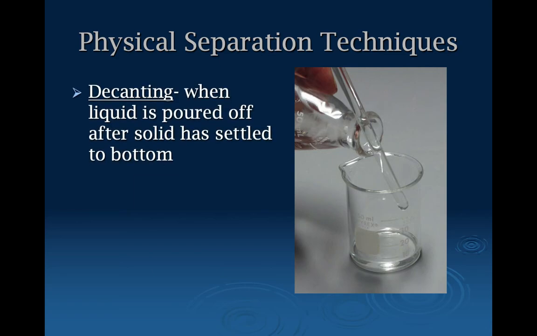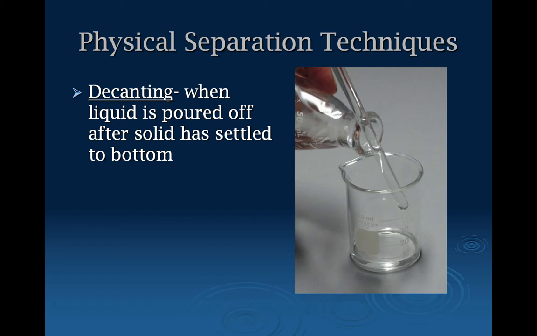Decanting is basically pouring off a solution and leaving the solid behind. And you can see the technique to the right. Say I have rocks in water or pebbles in water, and I want to pour all the water off and leave the pebbles behind.